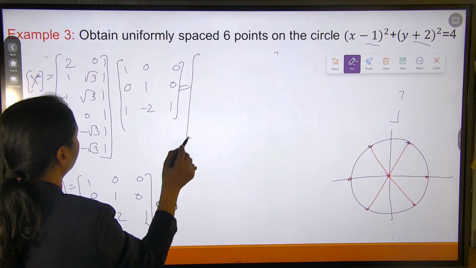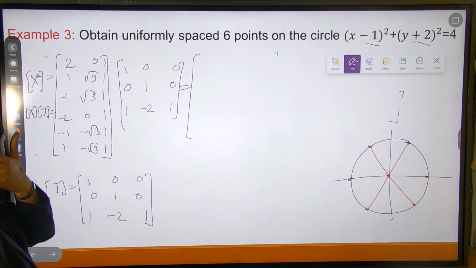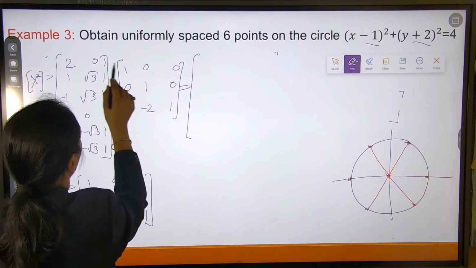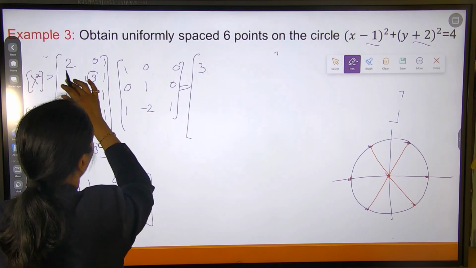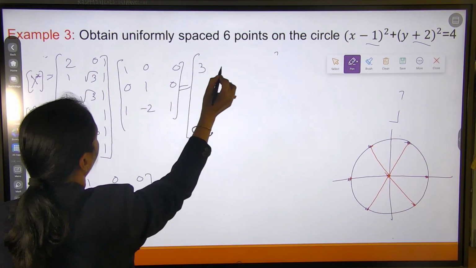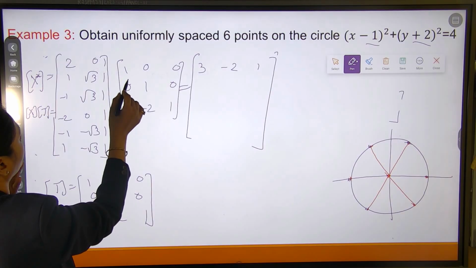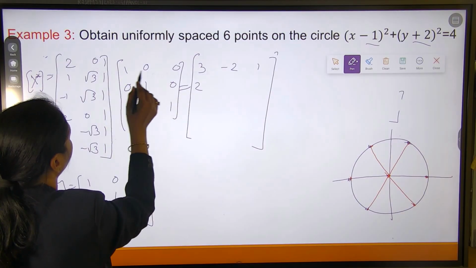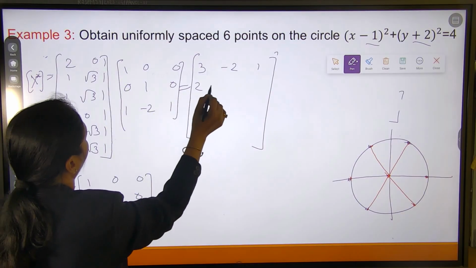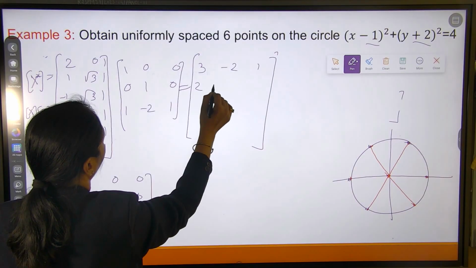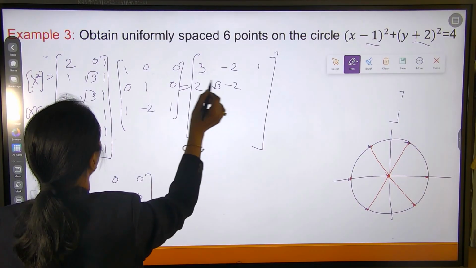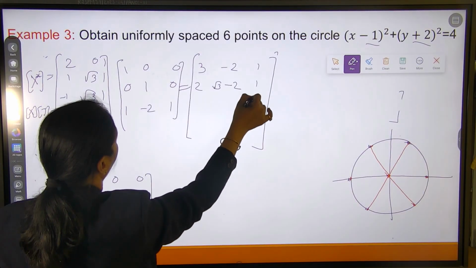So after multiplication, 2 plus 1 that is 3, and minus 2, 1. Then the second point, 1 plus 1 is 2, then root 3 minus 2, and then 1.